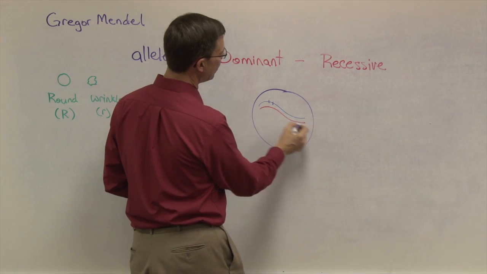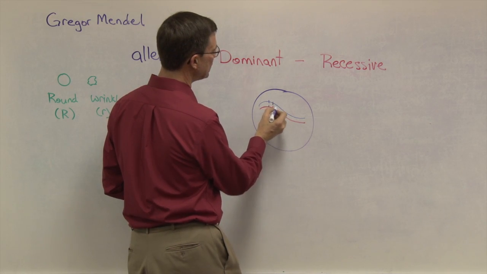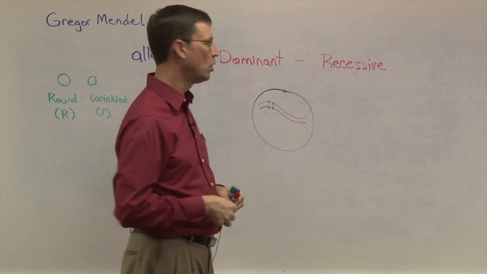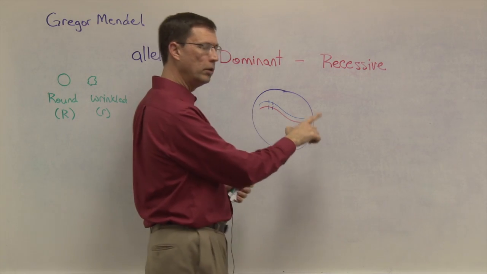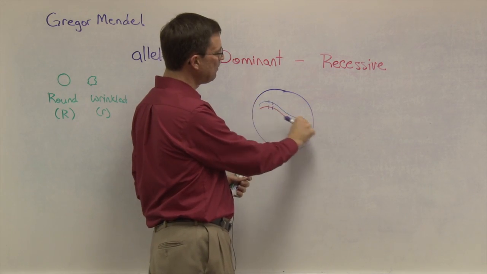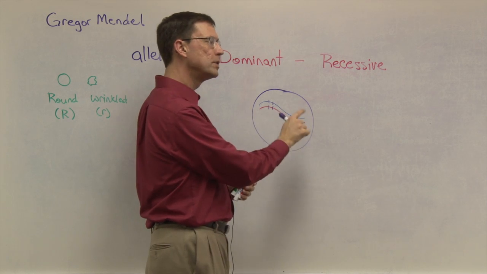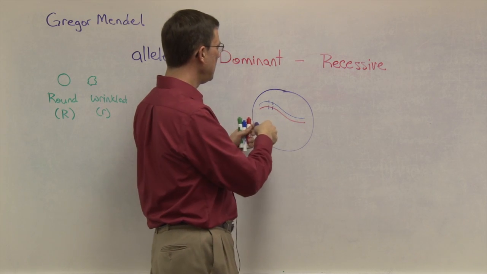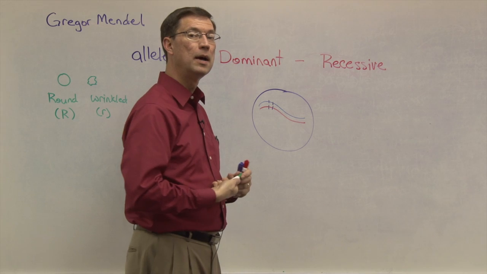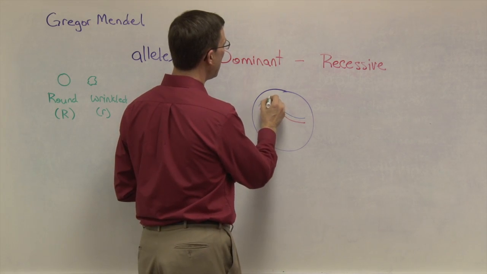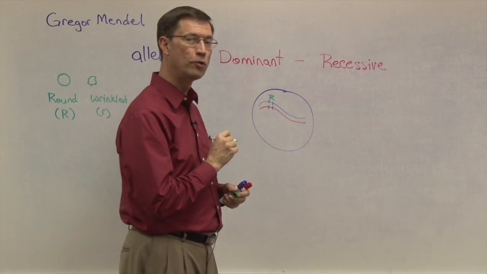And then on the other chromosome, there is the same gene. So we have two chromosomes paired together, having exactly the same genes, but on this one strand, it might dictate that the peas are going to be round. I'm going to use capital R for round.